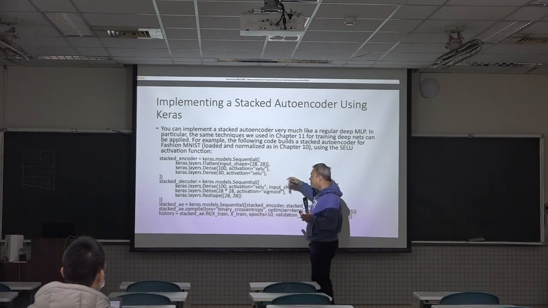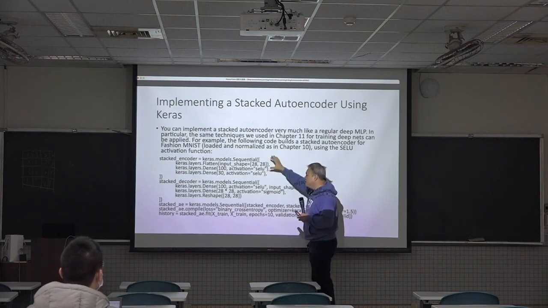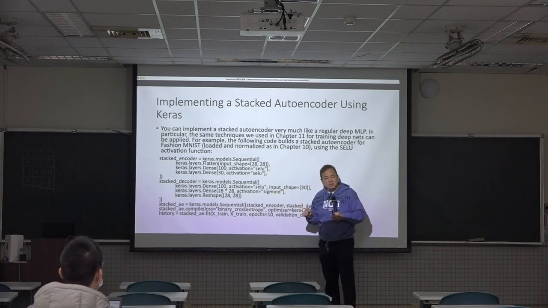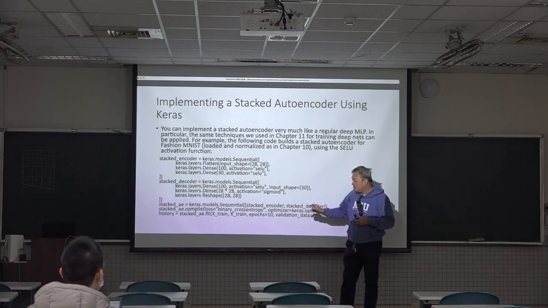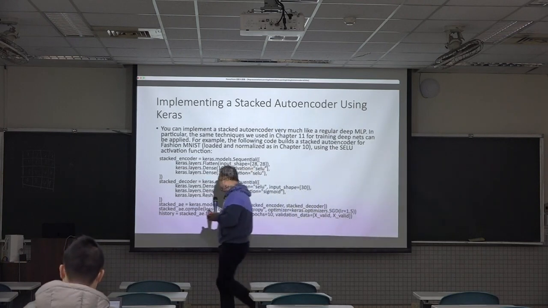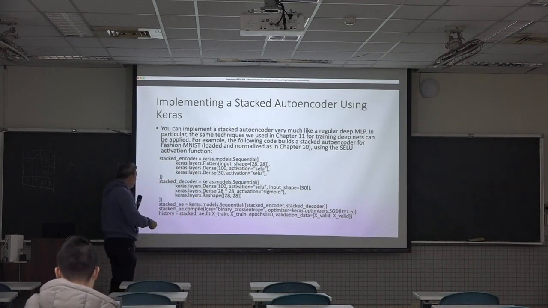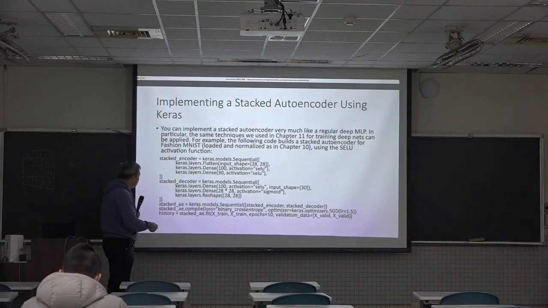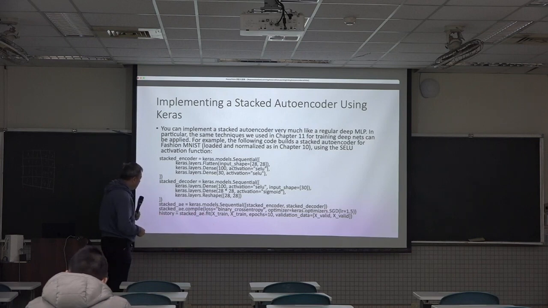And because we use sigmoid, you can see here that we put the encoder and decoder together to make this stacked autoencoder. One interesting thing: when we compile this stacked autoencoder, what loss function do we use?